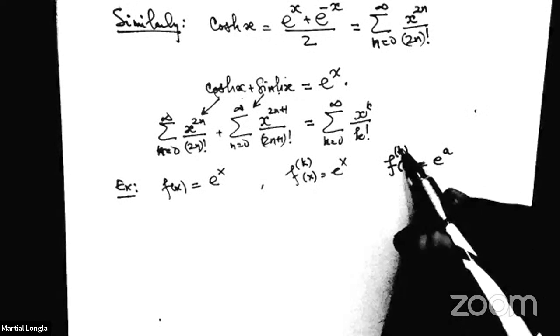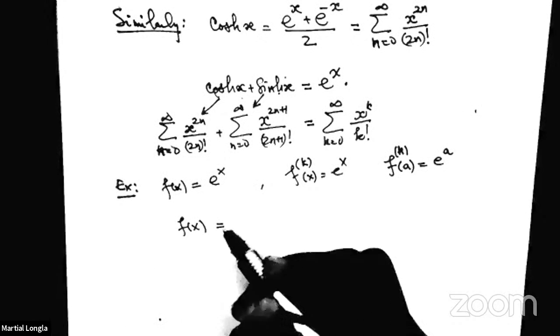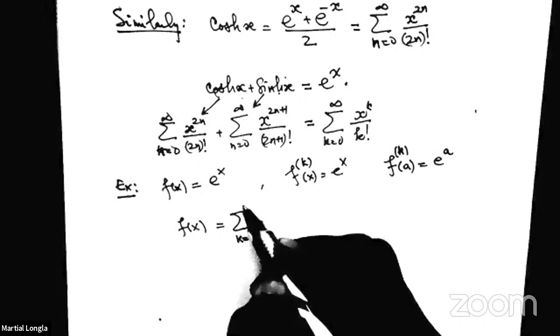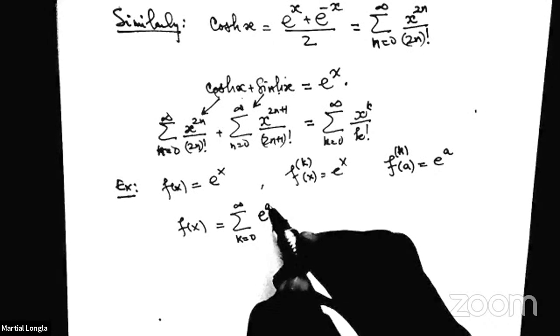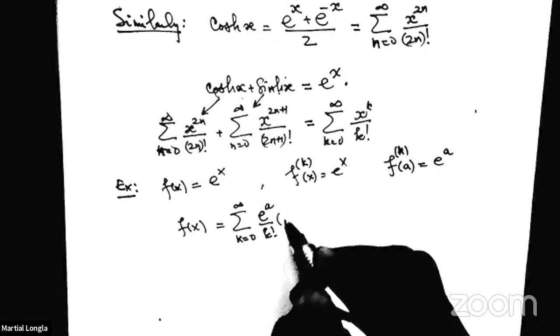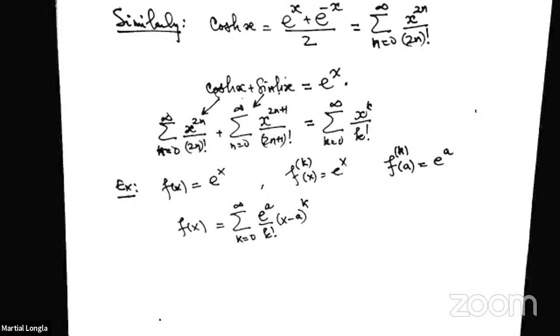So all the derivatives are equal to e to the a, and therefore the function f of x is equal to the sum k from 0 to infinity of e to the a over k factorial times x minus a to the k.